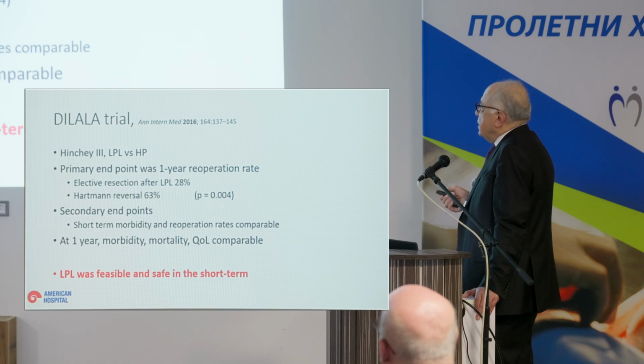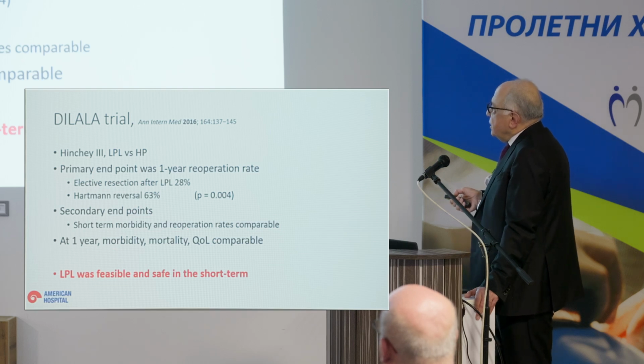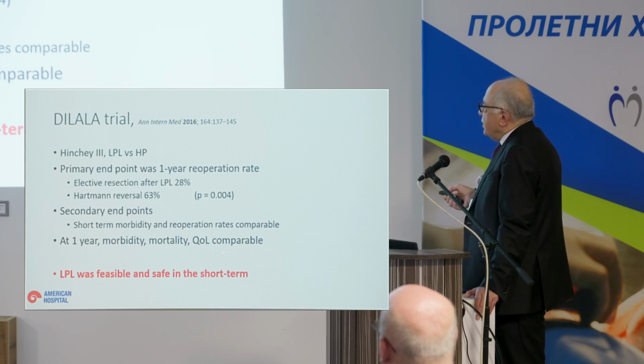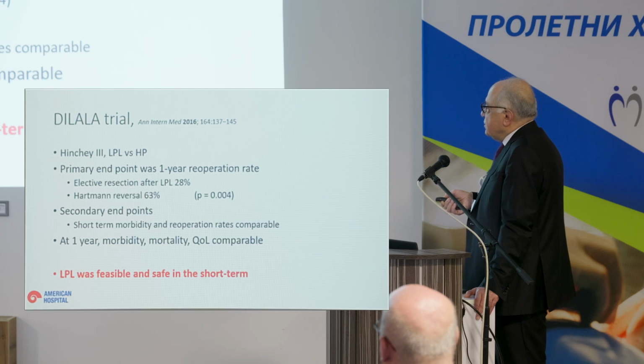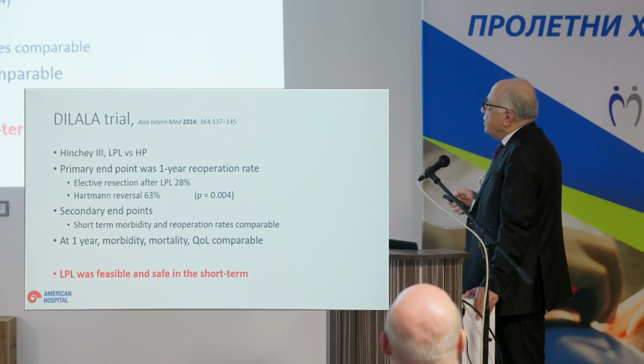This is the natural result of the study. But if you look at the secondary endpoints, short-term morbidity and reoperation rates were comparable, and also morbidity, mortality, and quality of life were comparable at 1 year, and the authors concluded that lavage was feasible and safe in the short term. This is the positive study for lavage.